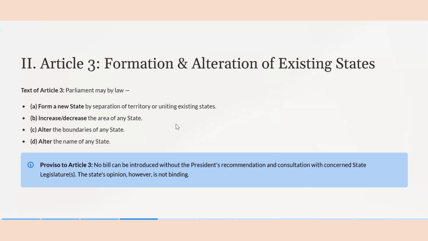So there are four powers given by the Constitution of India under Article 3 to the Parliament of India, meaning the union government has that power. Proviso of Article 3: no bill can be introduced without the President's recommendation and consultation with concerned state legislatures. The state's opinion, however, is not binding.